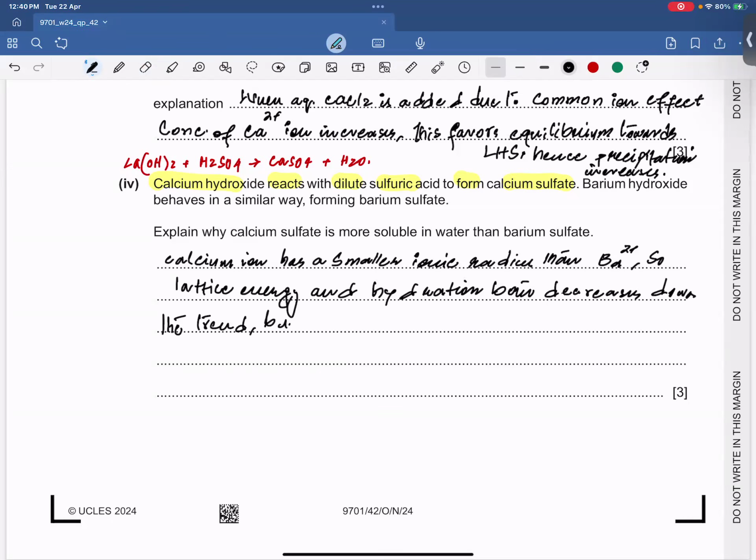But lattice energy plays a key role because of the smaller ionic radius of hydroxide ions. So lattice energy decreases more significantly than hydration enthalpy.